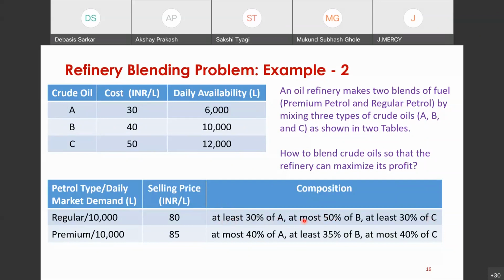At least, at most. Similarly, premium petrol composition is at most 40% A, at least 35% B, and at most 40% C.